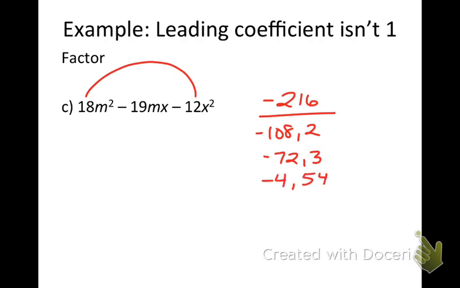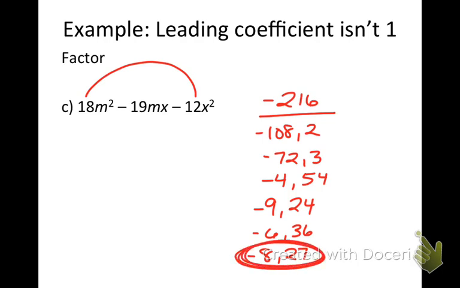Is that going to get me there? No, probably got to get higher. So 216 divided by 9 is 9 and 24. Does that get us there? No. Okay, so 216 divided by 6, 6 and 36. Is that going to get us there? No. 216 divided by 8, 8 and 27. Does that get us there? Yes. All right.